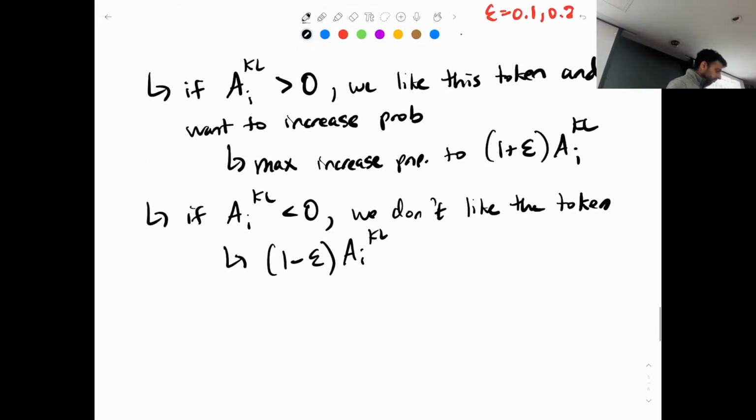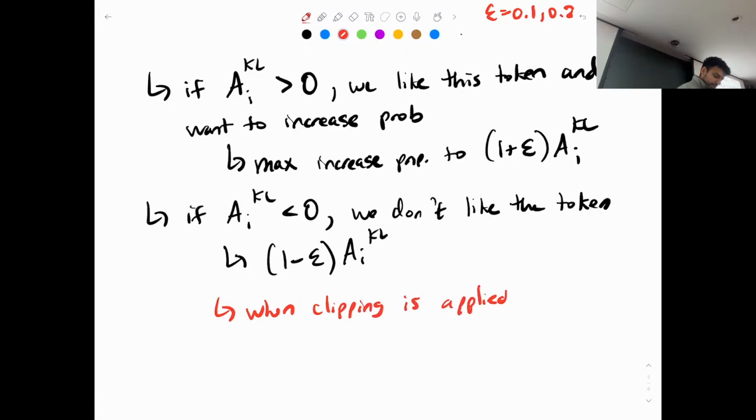So the key thing to note is that when clipping is applied, no gradient will flow through the clipped term.